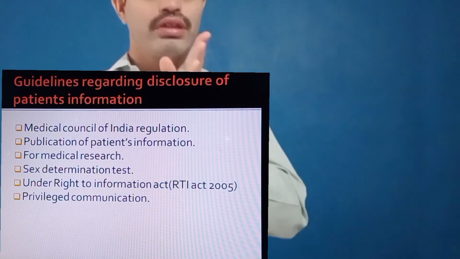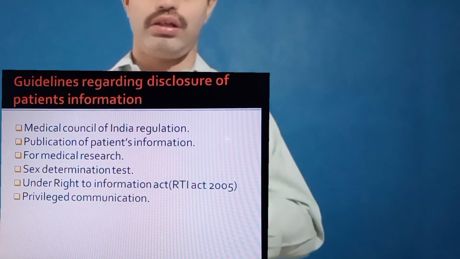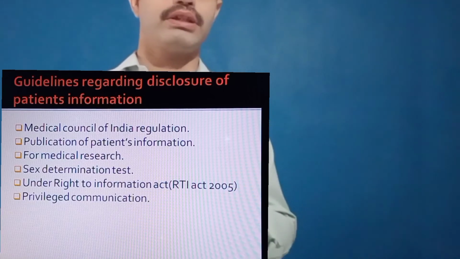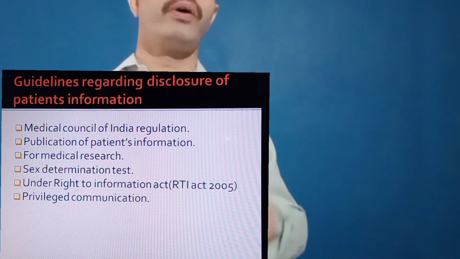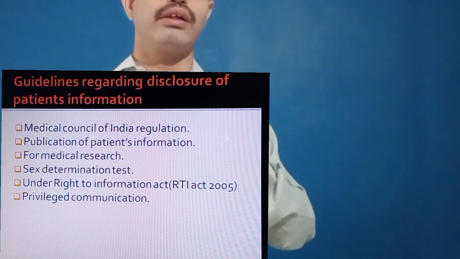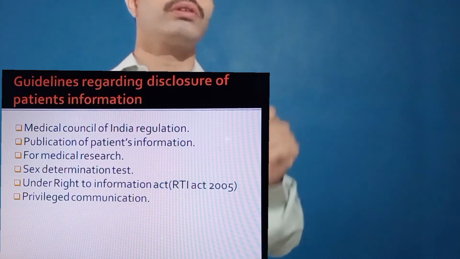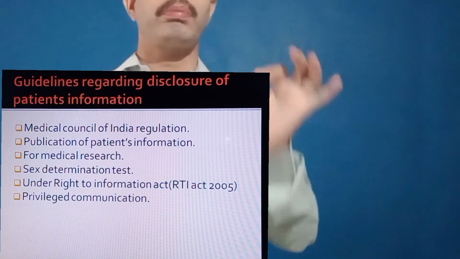Then if this information has been asked by some person other than the patient or the dependent or relative or the legal representative of the patient, then here the point comes whether to disclose the information or not. The only thing is that you can or you have to disclose the information only if there is larger public interest.